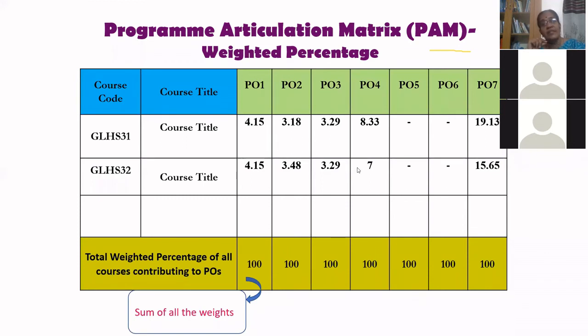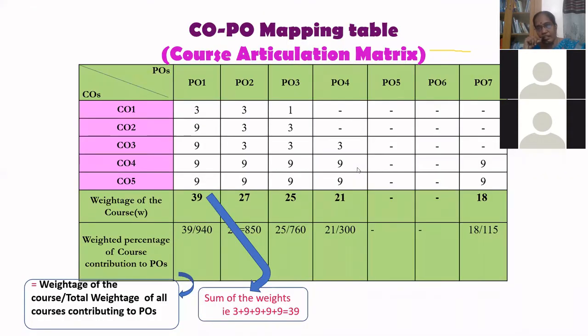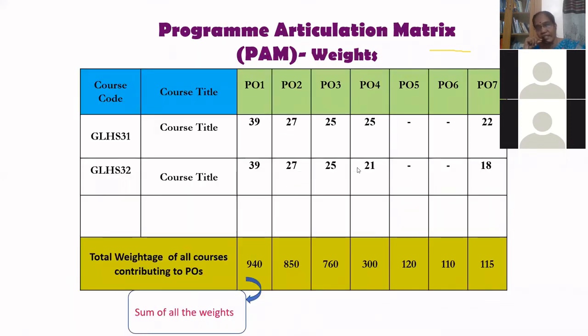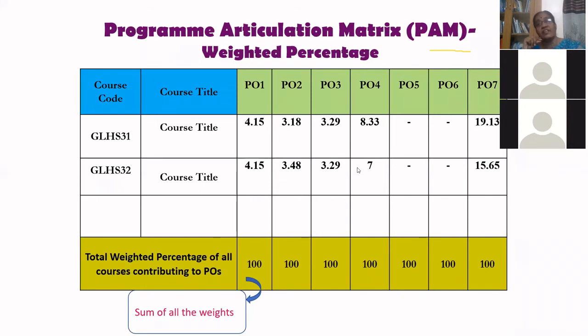So this table will be used for calculating the attainment of the students, CO attainment, etc. After writing course outcomes, we have to formulate a course articulation matrix like this. After this, you have to prepare the PAM matrix in terms of weights. Then with this weight matrix, you have to calculate the weighted percentage PAM matrix.